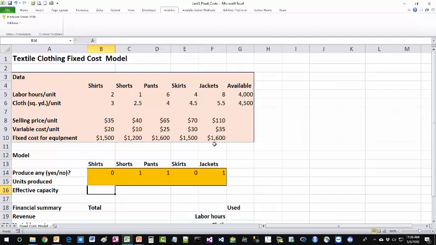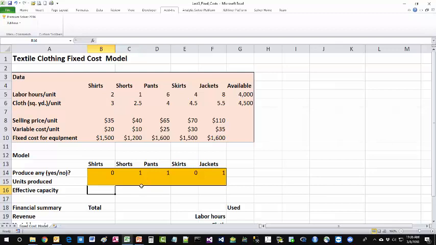Then the effective capacity is the next thing to understand here. What is the effective capacity for each of these product lines? So we have two things to consider. There are 4,500 square yards of textile available, and then there are also 4,000 labor hours available in this time period, whatever it is.